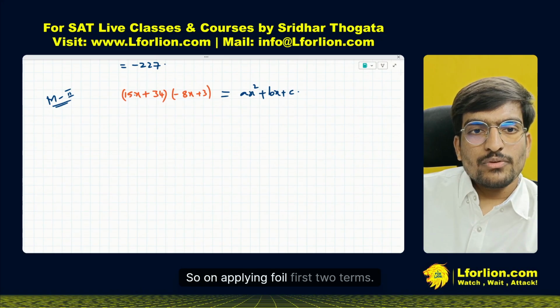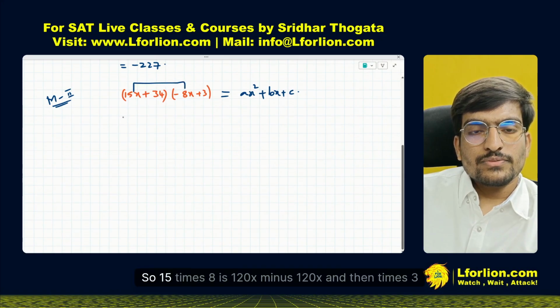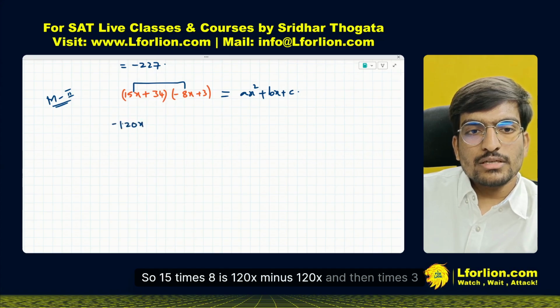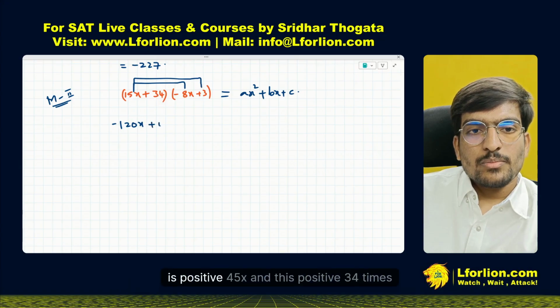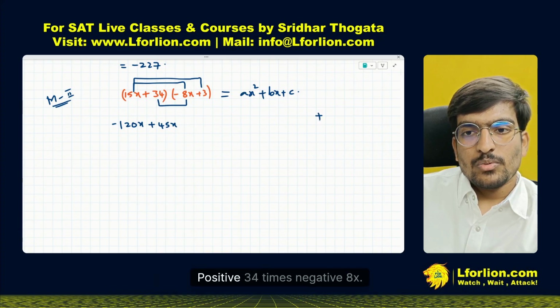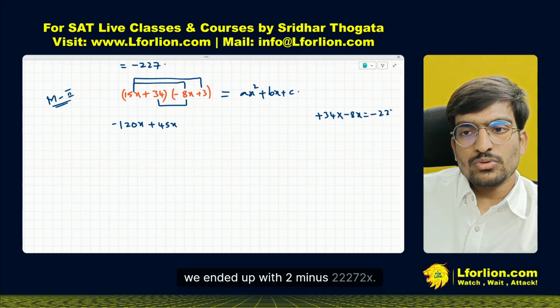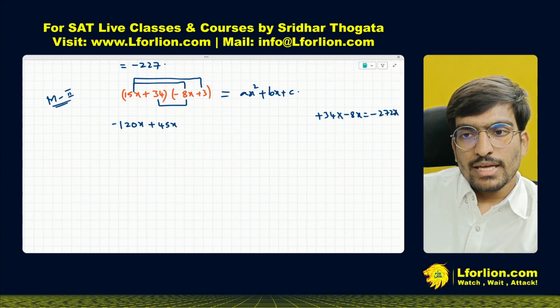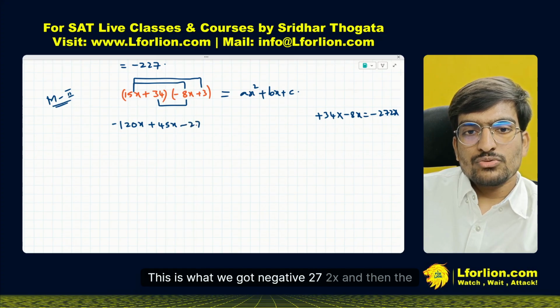On applying FOIL, first: 15x times negative 8x is negative 120x square. Outer: 15x times 3 is positive 45x. Inner: positive 34 times negative 8x, just like before, is negative 272x.